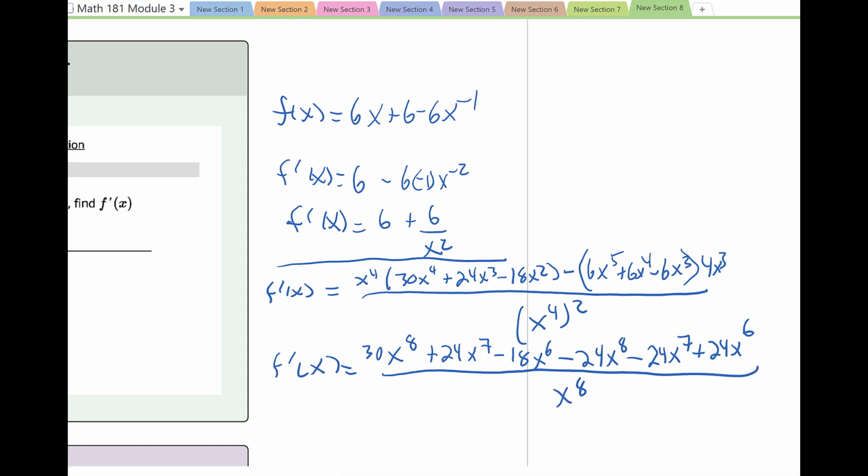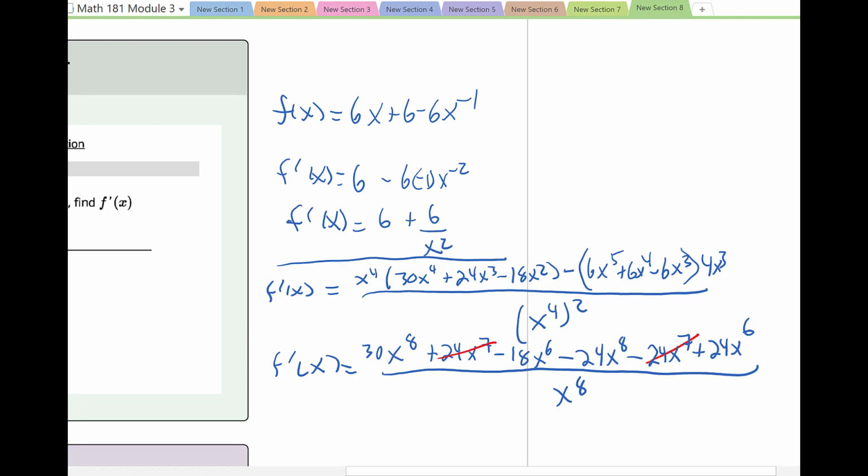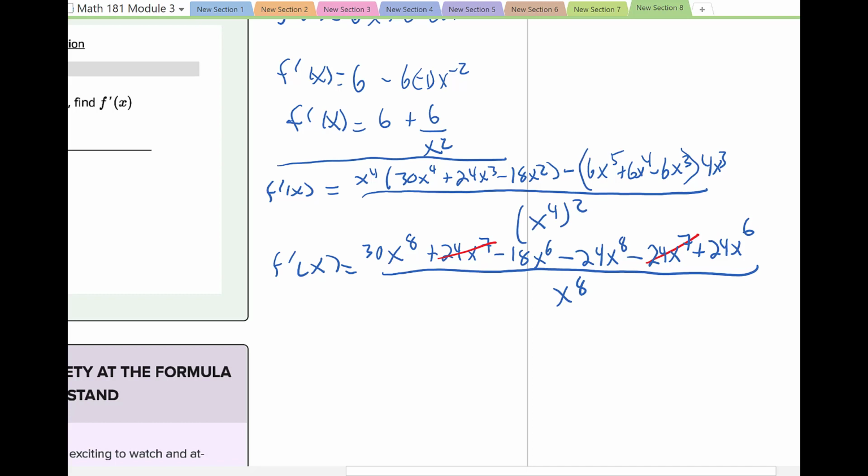And there, a lot of things are going to subtract out. 24x to the 7th goes away. But other things are going to be reduced down. So we have our f prime of x is equal to 30x to the 8th minus 24x to the 8th is 6x to the 8th.